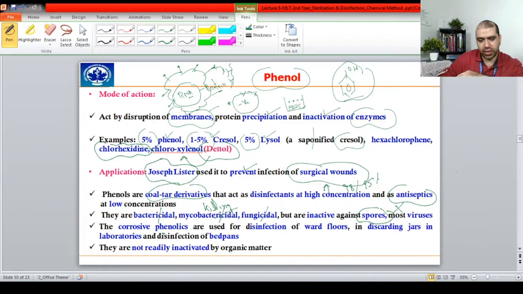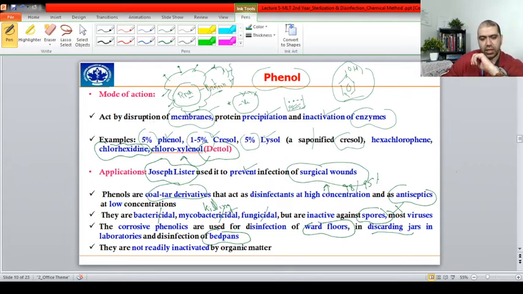The corrosive phenolics are used for disinfection of ward floors, and also the discarding jars in patient rooms or laboratories, and the bed pans.